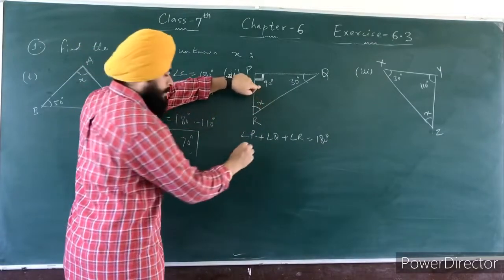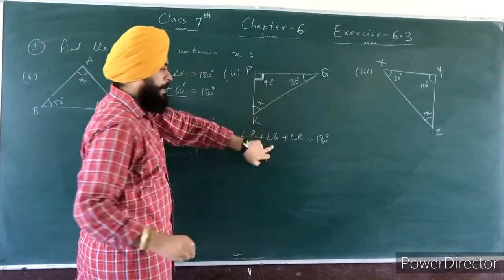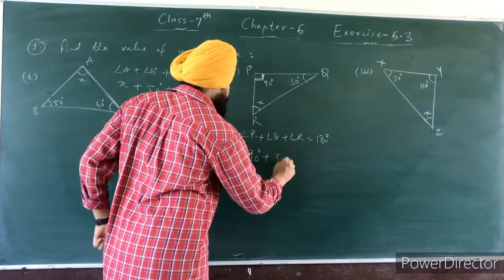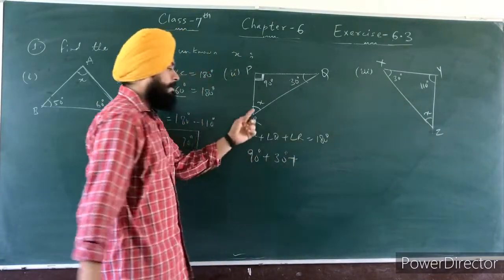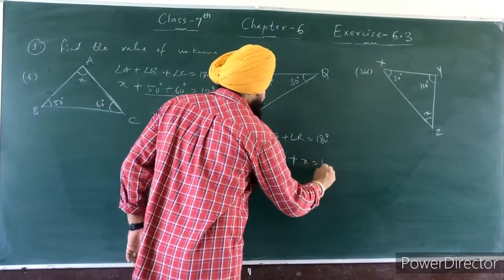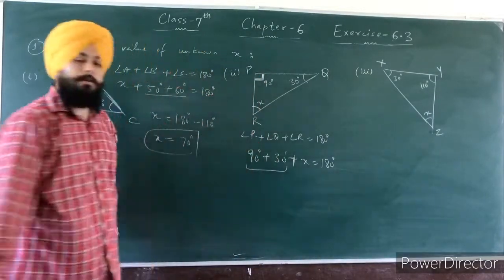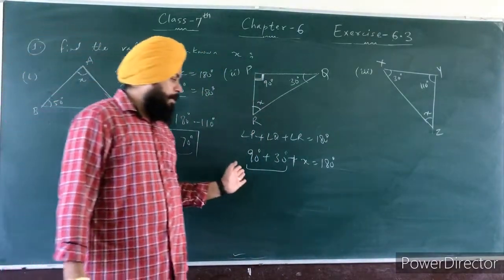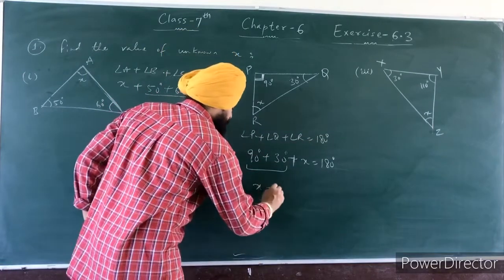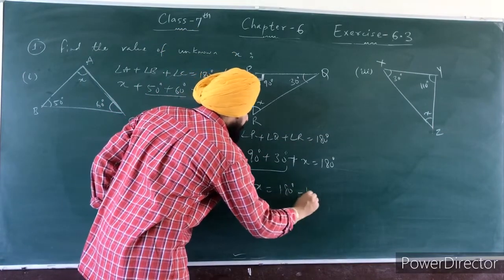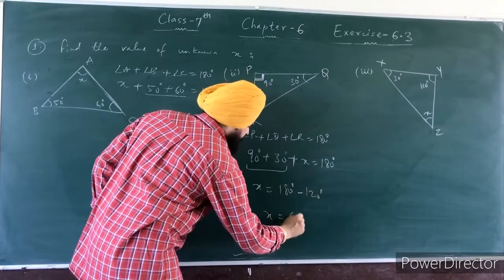Measure of angle P is 90 degree, measure of angle Q is 30 degree, and measure of angle R is x, is equal to 180 degree. Now 90 plus 30 is 120. Take this 120 on the right hand side. So it is 180 minus 120. It is how much?